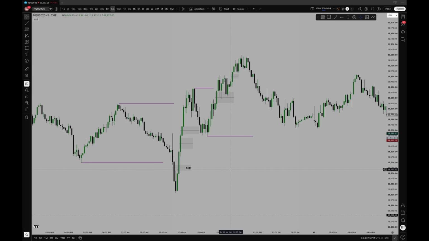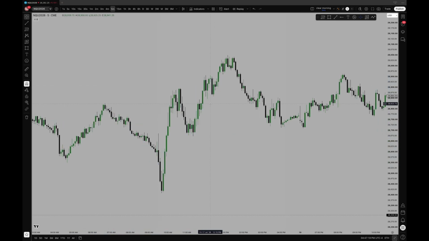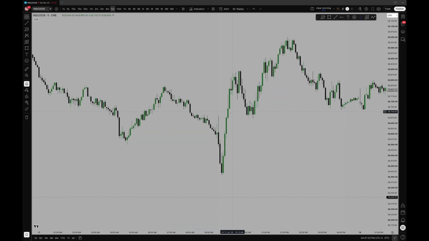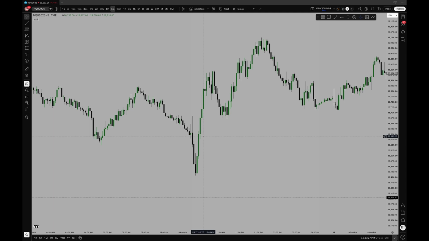So what I recommend as homework is going to be to just sit back and watch the market, get a flow, get a feel for it, understand how it moves. And as time goes on, you can annotate and put lipstick onto your chart and see how those areas react.